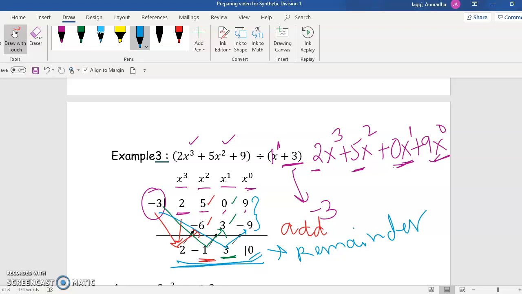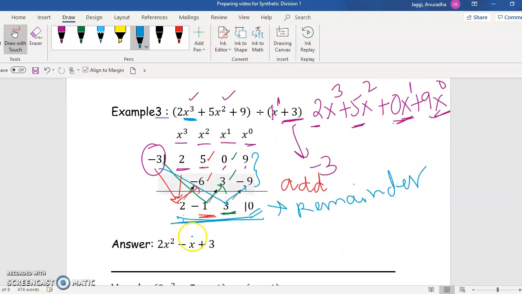So the highest power of x in the answer is going to be 1 less than this power, which is x to the power 2. So we start with 2x squared. Then after x squared, it is x to the power 1, and then 3, which is x to the power 0.